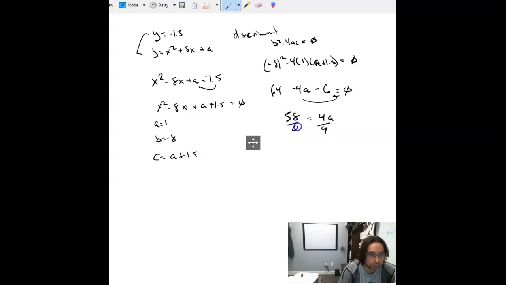Divided by 4, what does that give me? It's asking for the value of a here, so that's going to be 14.5. I believe that's the answer that I'm going to get for this one. Yeah, so there we go, 14.5.